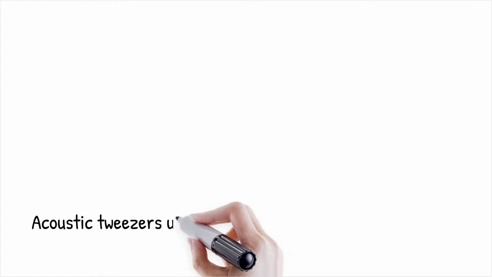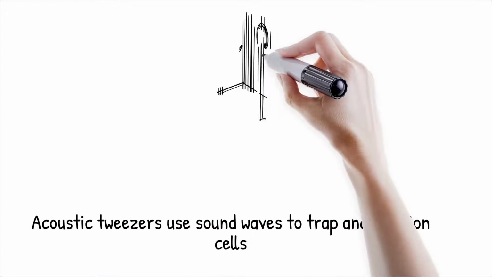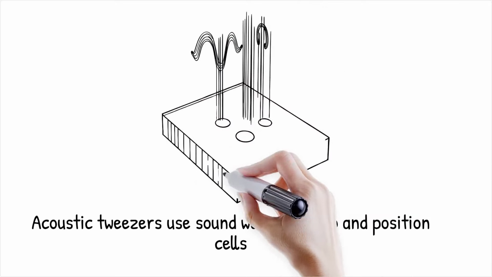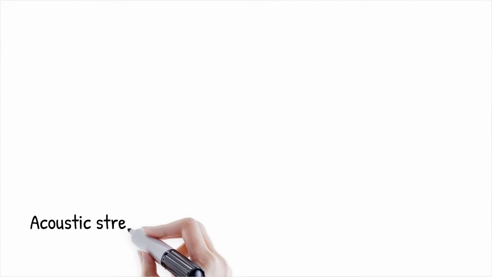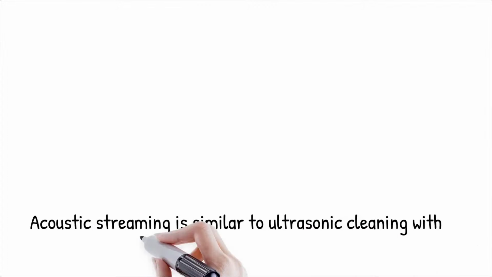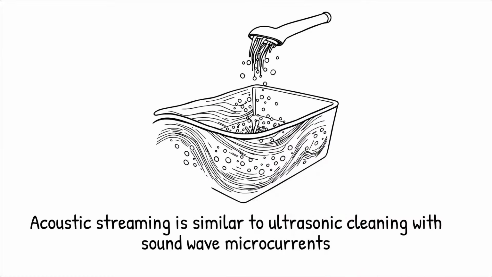Acoustic microfluidics is particularly useful for applications requiring gentle handling of biological samples, such as cell separation and drug screening. Acoustic tweezers use sound waves to trap and position cells in microfluidic systems for single-cell studies. Acoustic streaming is like using ultrasonic cleaning, where sound waves create microcurrents that move tiny particles efficiently.